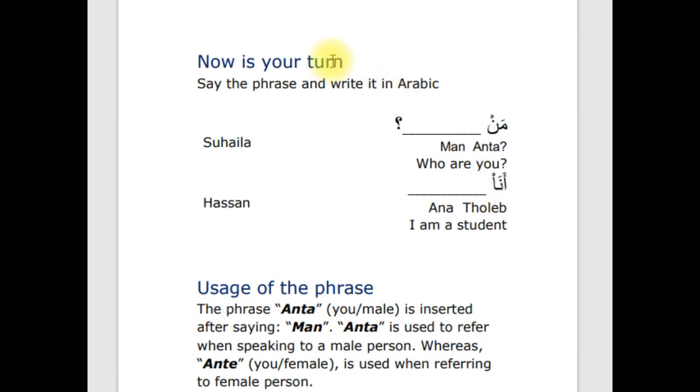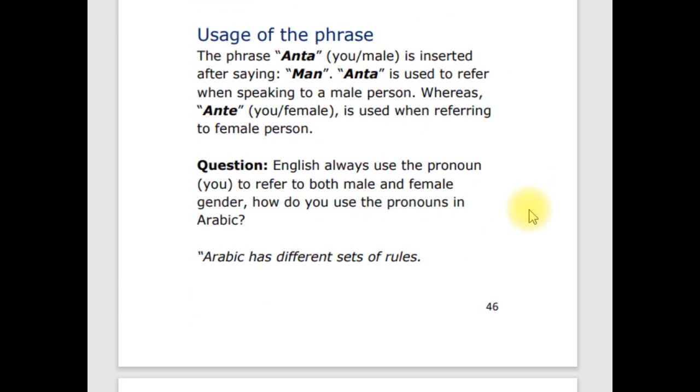Now it's your turn. Just write the Arabic words. Usage of the phrase: anta means you for male, and it is inserted after saying man. Anta is used when speaking to a male person, whereas anti, you for female, is used when referring to a female person.